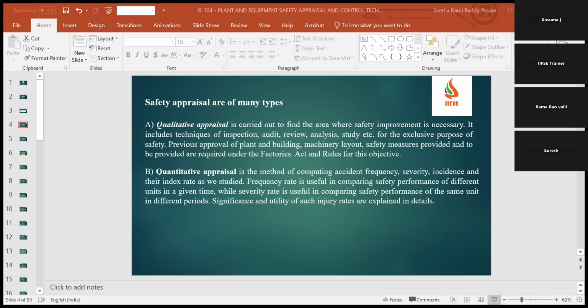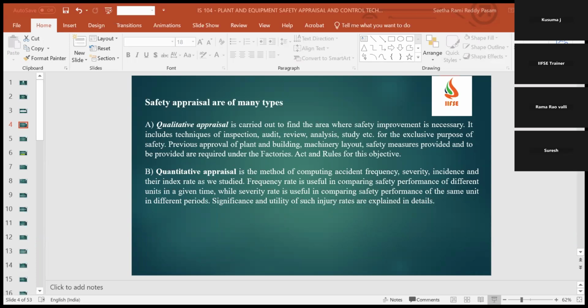Fine. And next one is preventive appraisal. It includes maintenance before any accident occurs. As we know, there is preventive action and corrective action. When we say corrective action, the actions are taken once the incident has occurred.